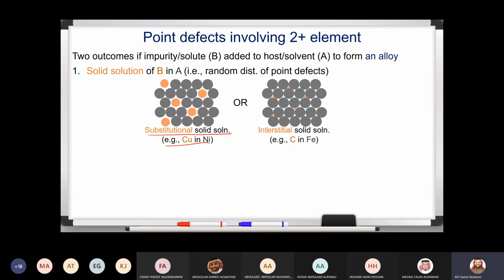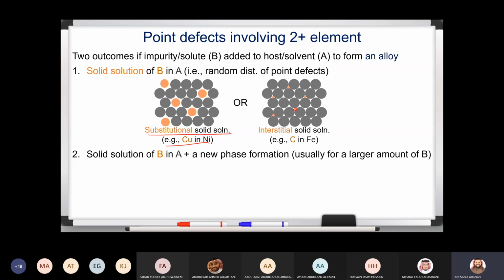Or we can have an interstitial solid solution, meaning that the atom B is so small that it does not substitute, but goes inside the void within the unit cell itself. So this is outcome number one. Outcome number two, we can have a solid solution of B and A, and also a new phase formation, okay?